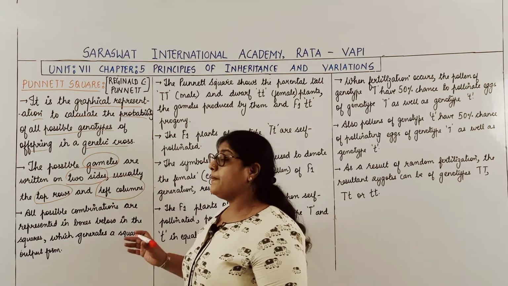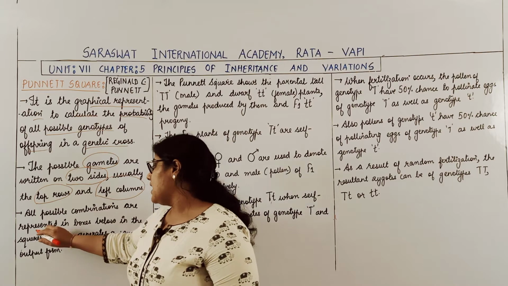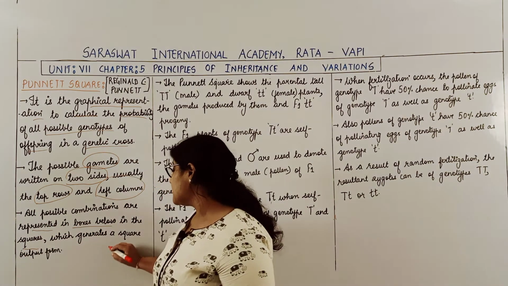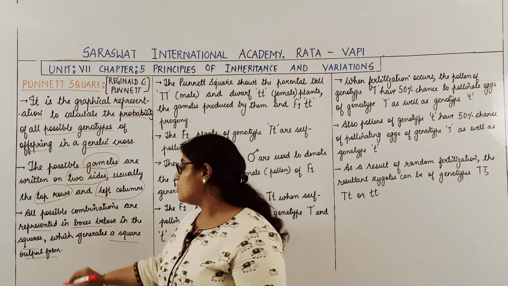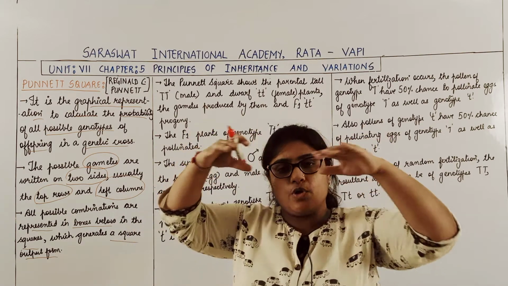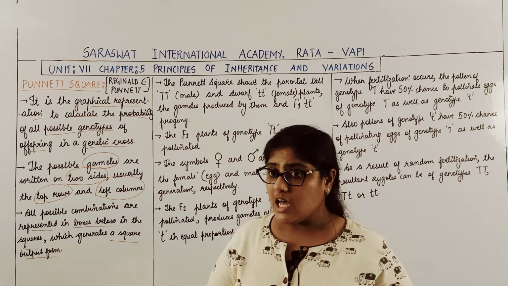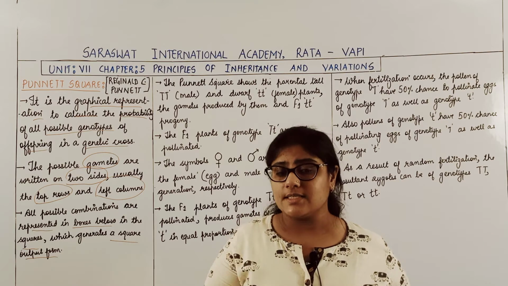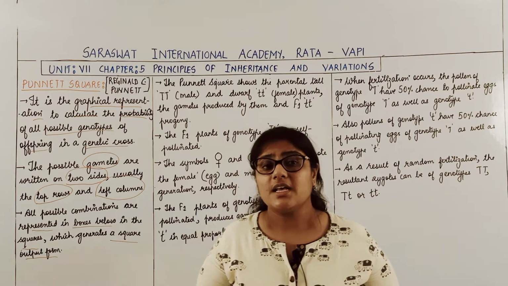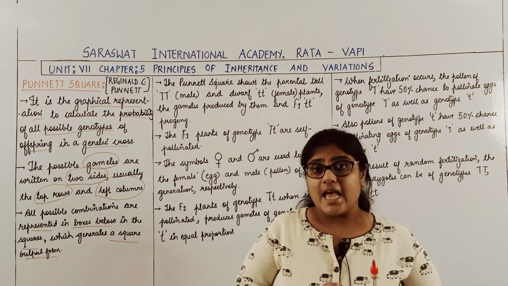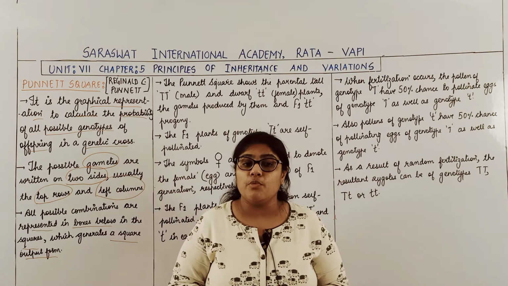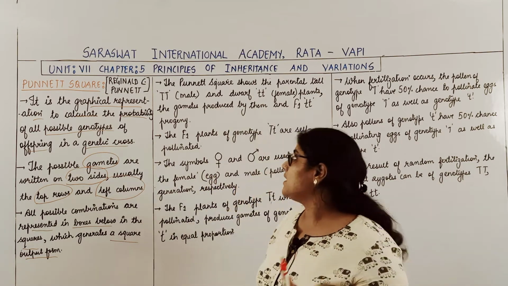Now, the possible combinations are represented in the boxes below, in the squares, which generate a square output form. Now, gametes are written on the top row and on the left column. Through these crosses, whatever combinations are possible, these combinations are written in the squares, and finally it will give a square output form of the possible genotypes.